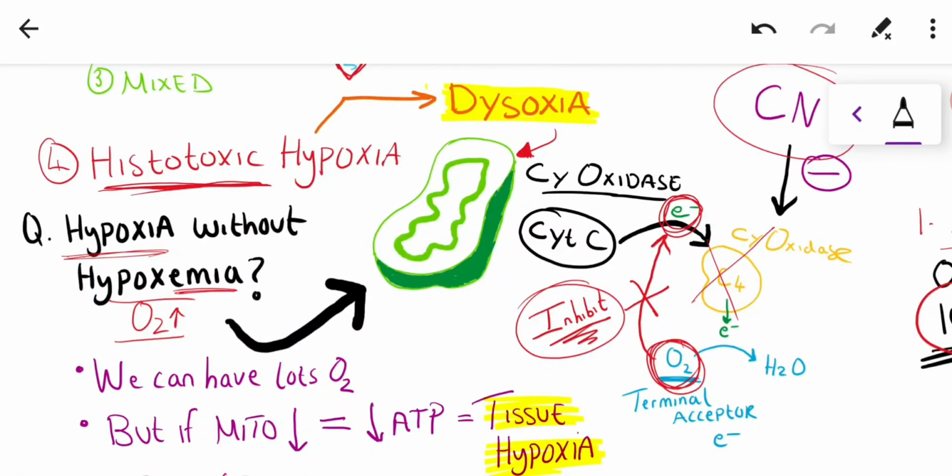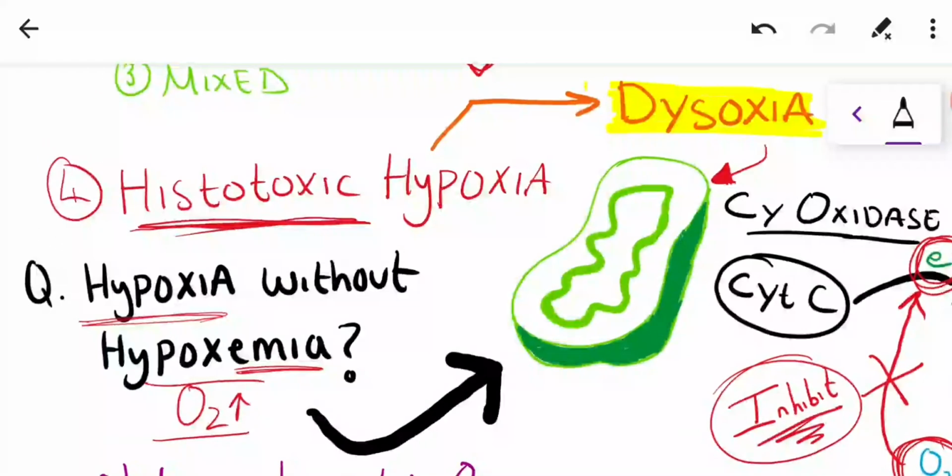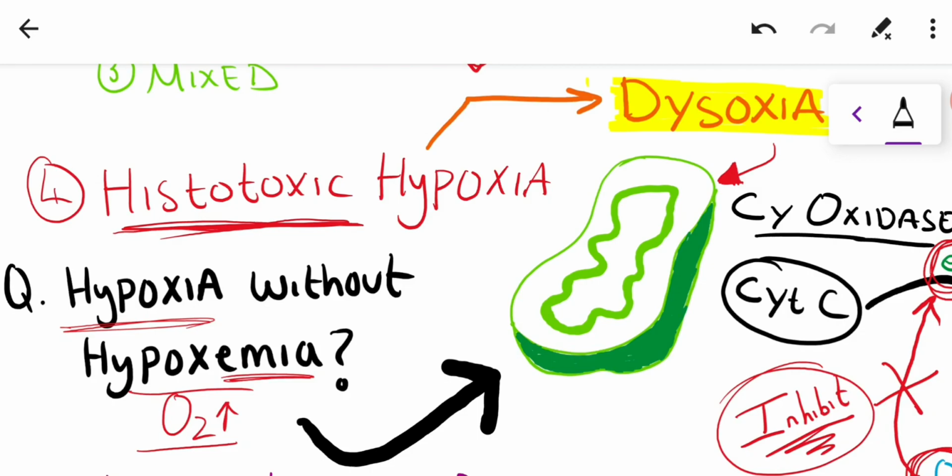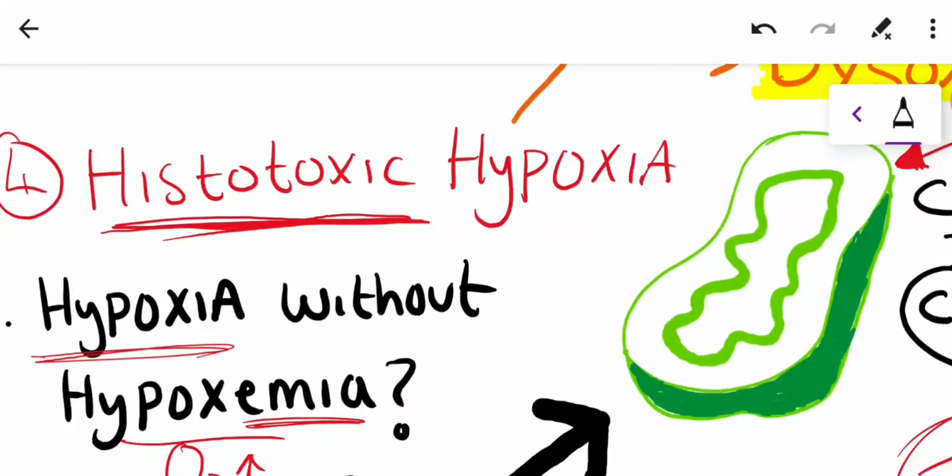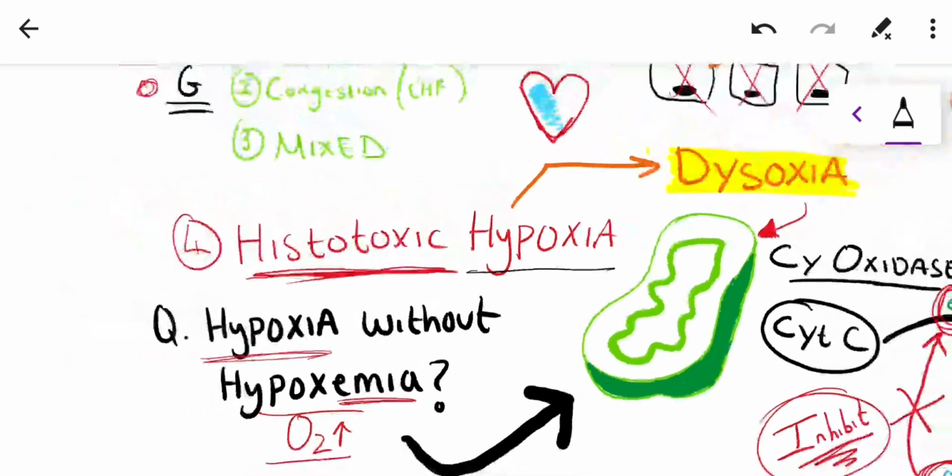Okay. Now histotoxic is a bit confusing, but let's go through it step by step. When we say histo, we mean tissue. Toxic, there's something going wrong with the tissues that's causing hypoxia.